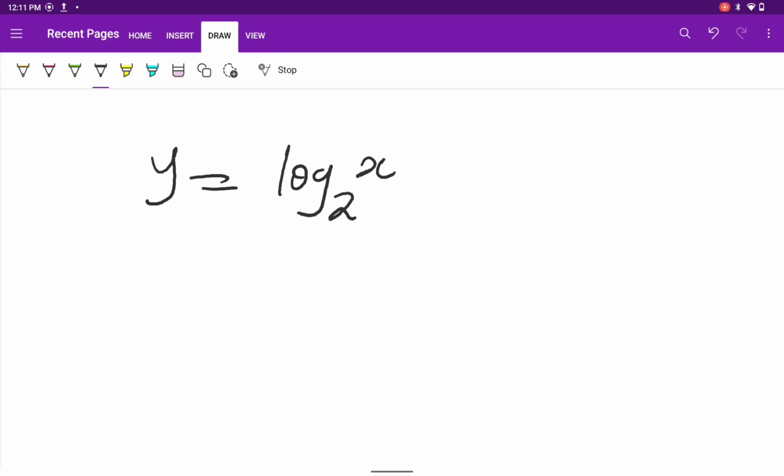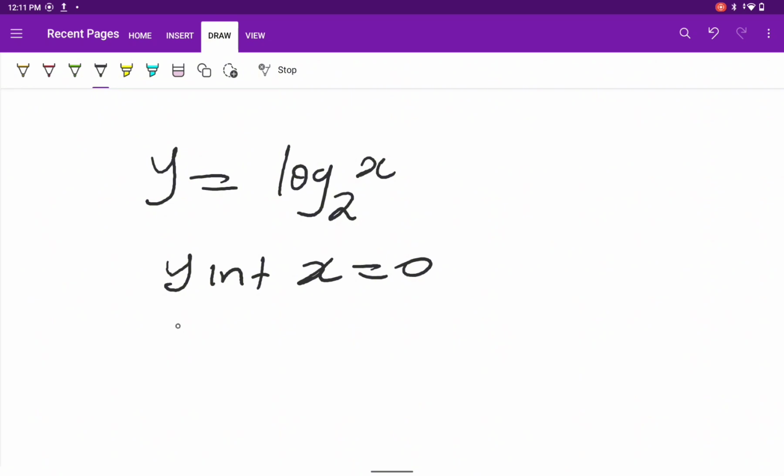So we can see that the asymptote is on x equals 0, on the y-axis. So we look at the intercepts. Let's start with the y-intercept. We know that the x value is 0.